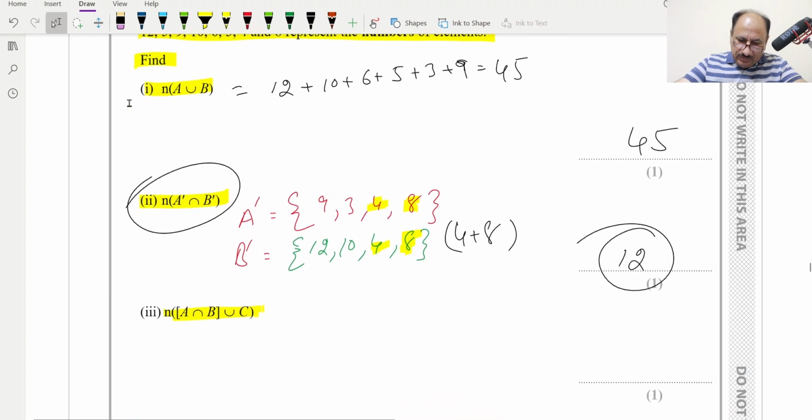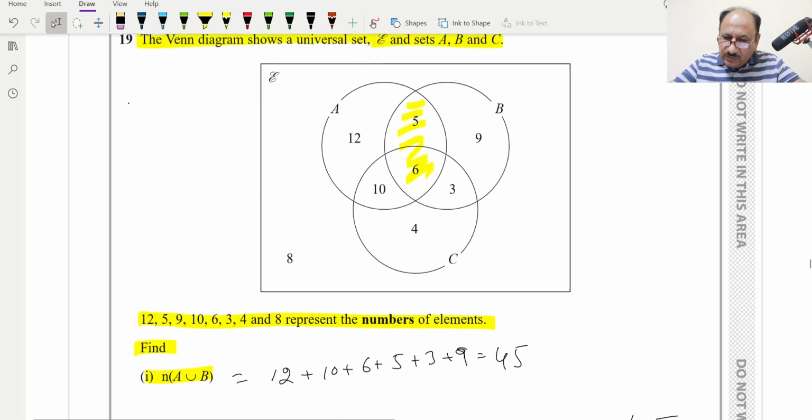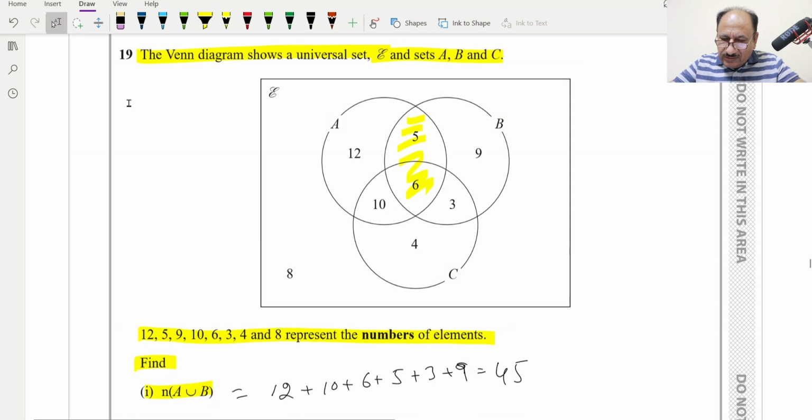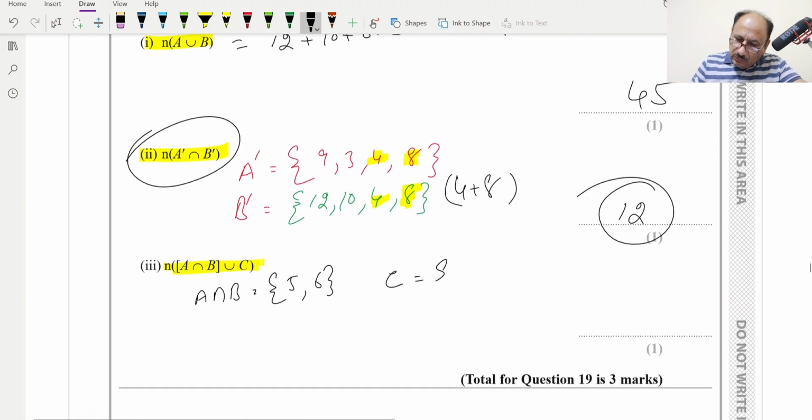So we can write here A intersection B is equal to 5 and 6, and C we can write as equal to what? C is 6, 3, 10, 4. So 3, 4, 6 and 10 in ascending order.